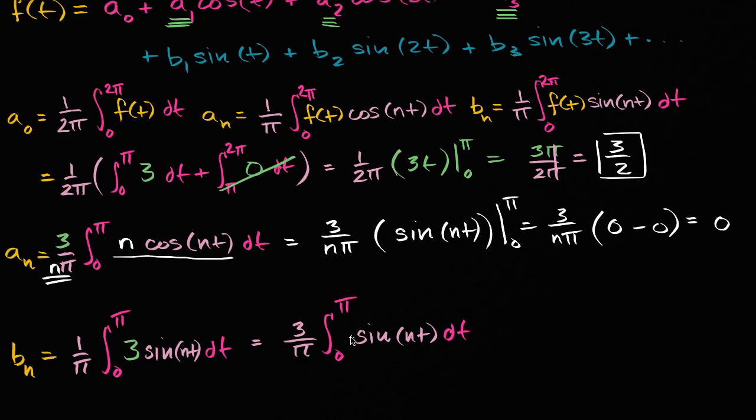And we know the derivative of cosine nt is negative n sine of nt. So let's throw a negative n in here. So negative n, but let's also divide by negative n. Just like that. If you have negative n divided by negative n, we haven't changed the value.